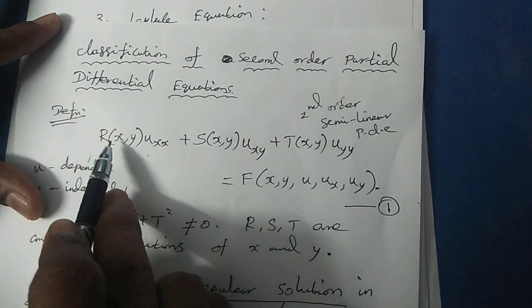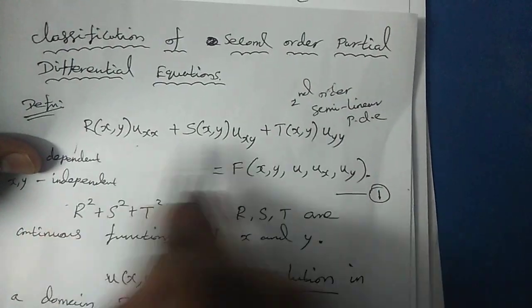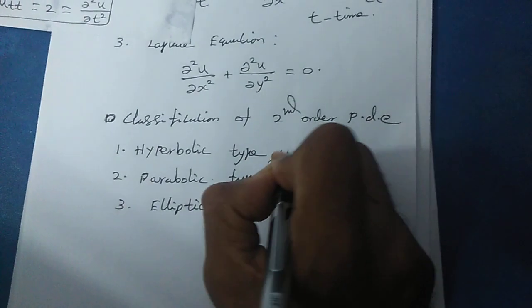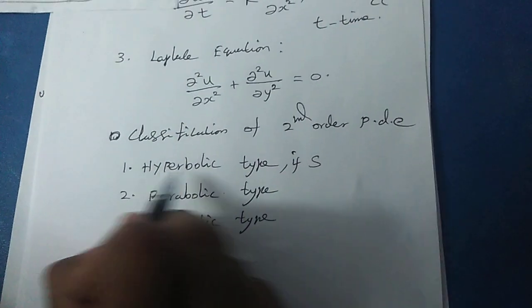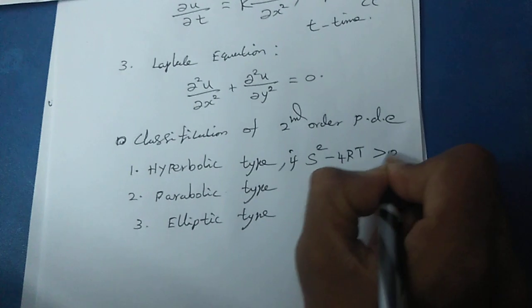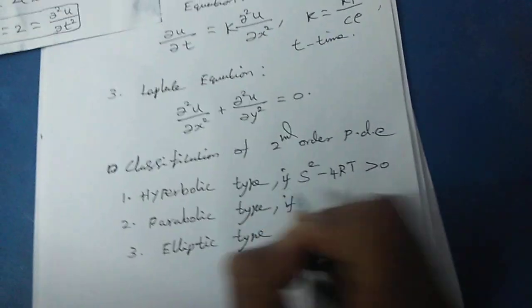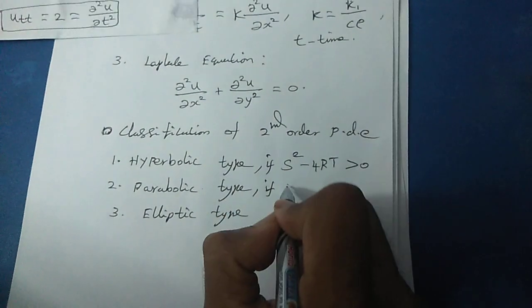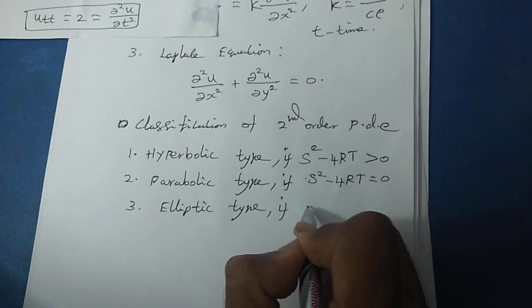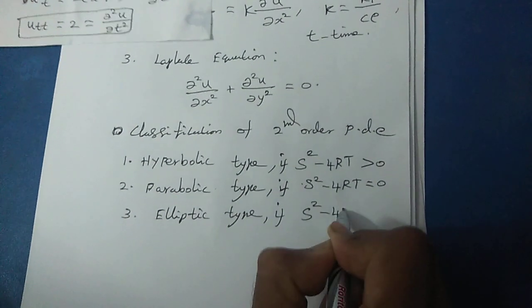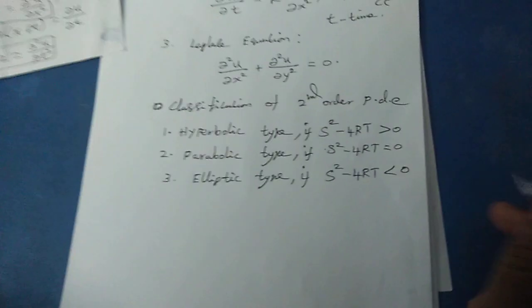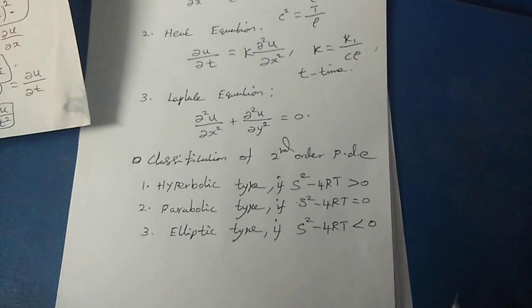In that equation we use R, S, T. A second order semilinear PDE is said to be hyperbolic type if S² − 4RT is greater than 0, parabolic type if S² − 4RT is equal to 0, and elliptic type if it is less than 0, right? These are the classifications of second order PDE.